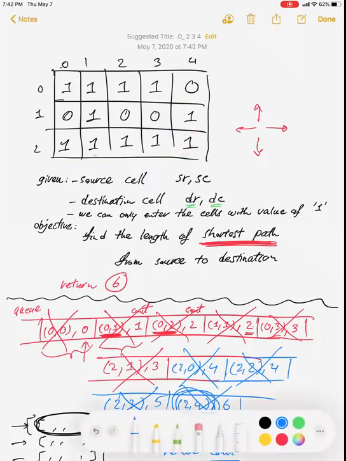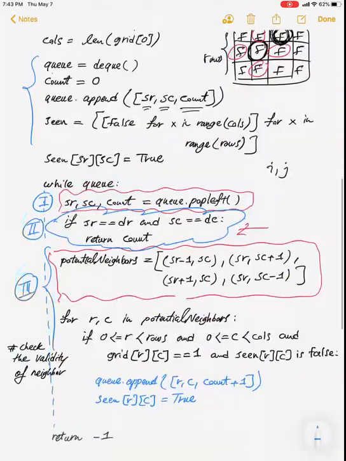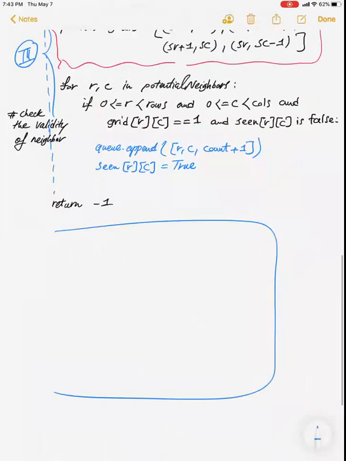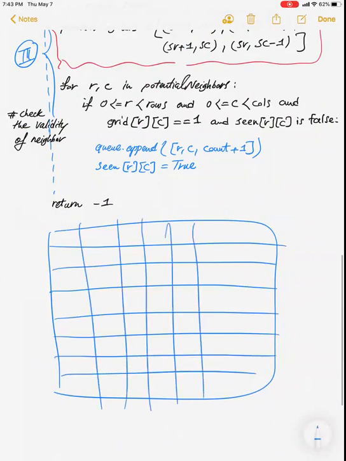Let's say the definition of movements. We have a chessboard, right? And the movements are the knight movements. I don't know, maybe my spelling is not correct. What does it mean? The knight in chess, if we have this grid, let's say I'm here.